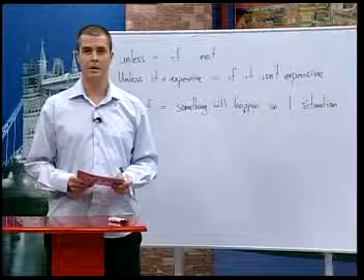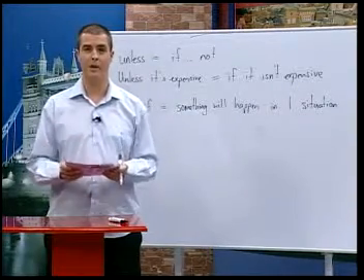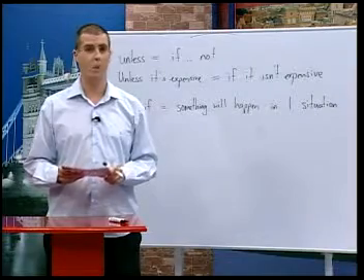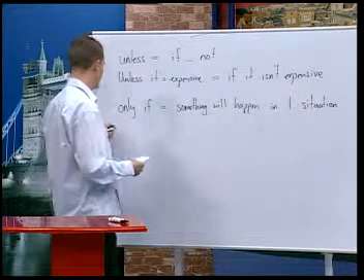For example, Tom won't go on the sleigh ride if it doesn't snow. This is the same as the first sentence, Tom will go on the sleigh ride only if it snows. It means he won't if it doesn't. Let's put that on the board.